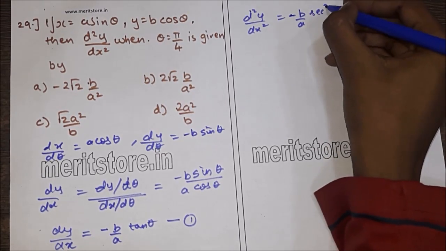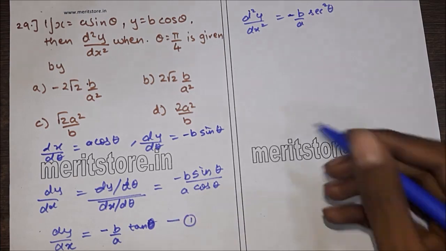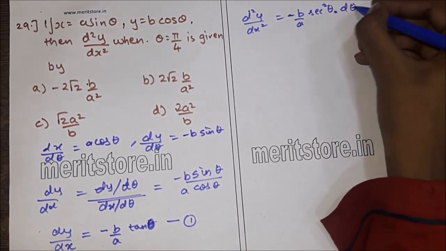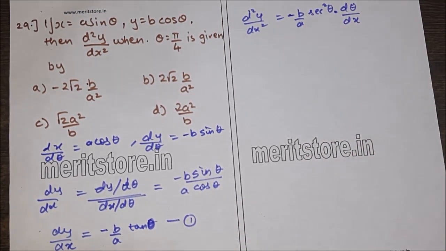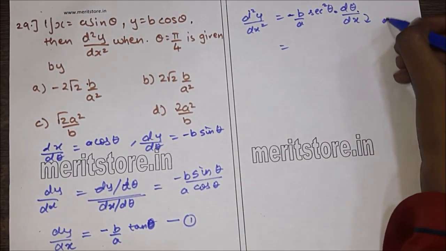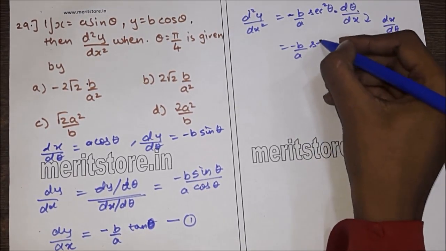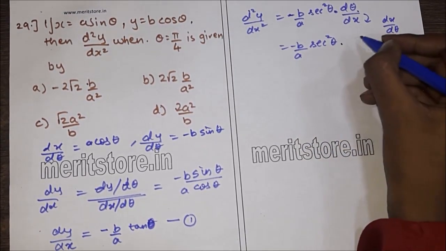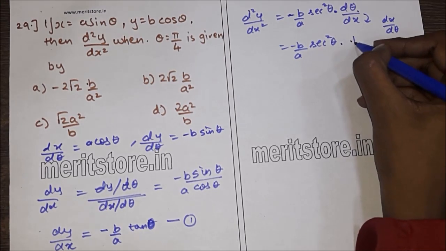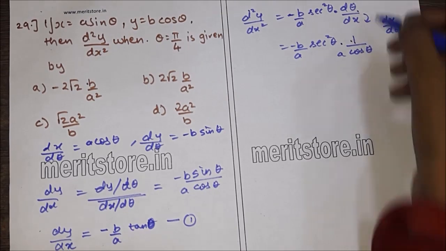Since we are differentiating with respect to the variable theta, we multiply it with d theta by dx. Now d theta by dx is the inverse of dx by d theta. So minus b by a sec square theta into 1 upon a cos theta, which is d theta by dx.